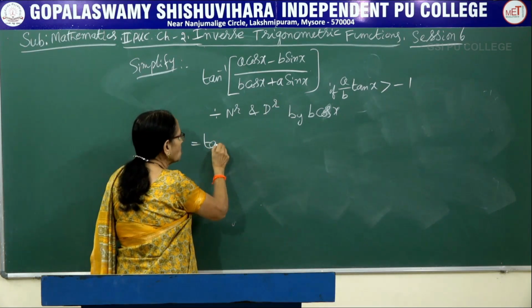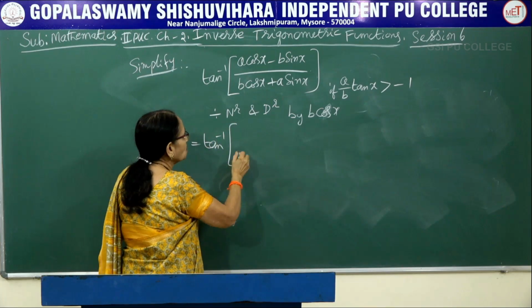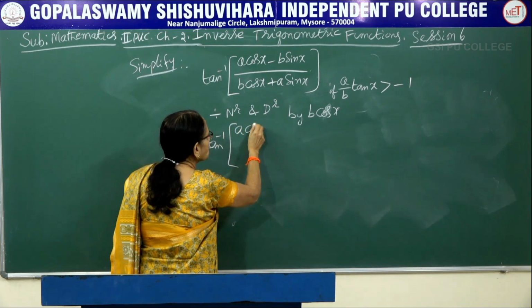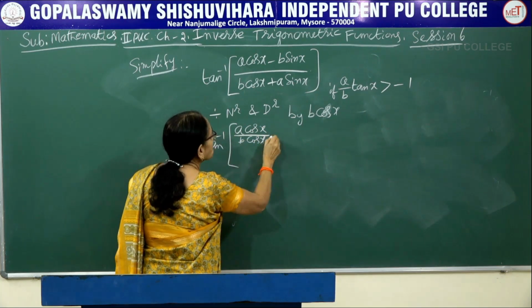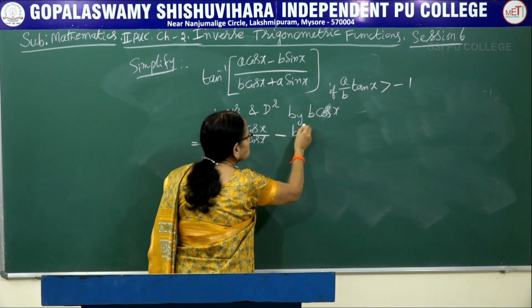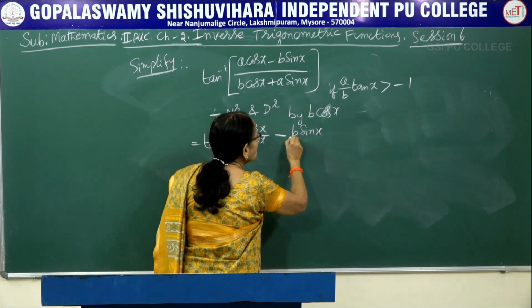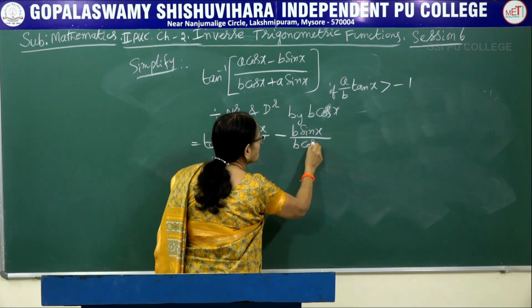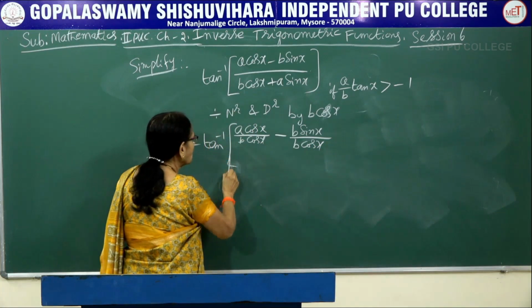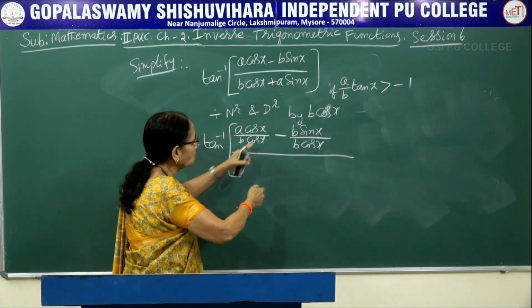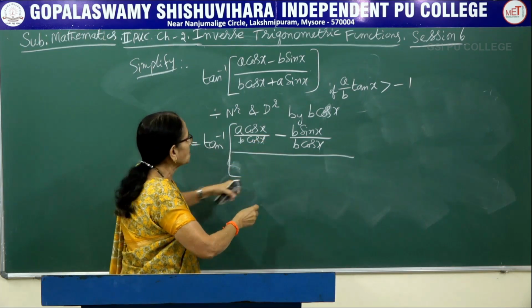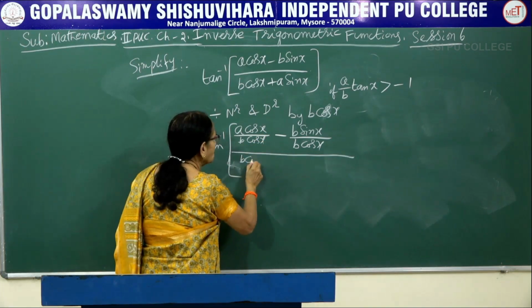So this would be equal to tan inverse of: first term is a cos x divided by b cos x. Then in the numerator, it is b sin x divided by b cos x. Now I write a little bit lengthy line so that you can avoid confusion between what is numerator and what is denominator.